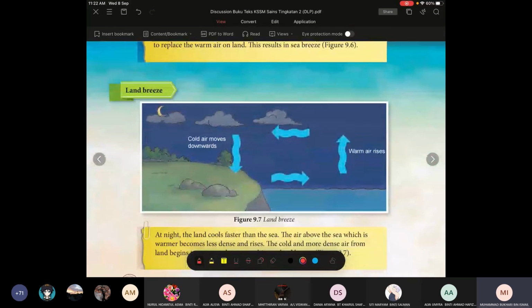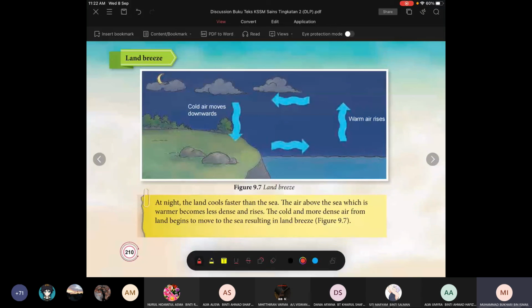And then we have another situation, what we call land breeze. Land breeze means that the air blows from the land towards the sea. What happens is the other way around. At night, the ocean is still hot because water can store heat.